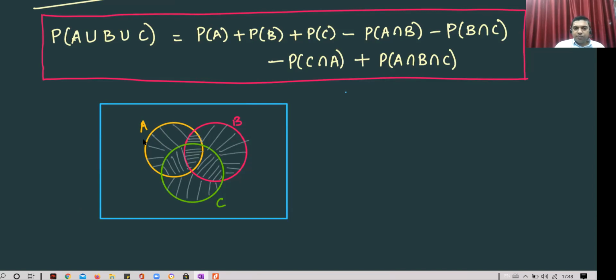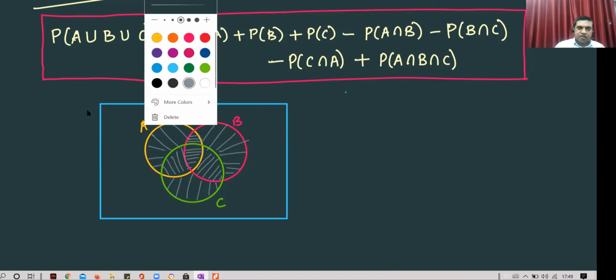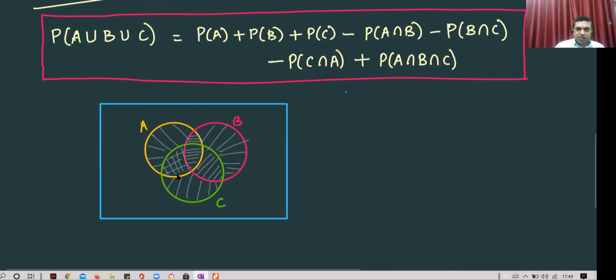What happens is, when you take N of A plus N of B plus N of C, in the process this particular checked region is counted twice, one time with A, other time with C. This region is counted twice, one time with C, other time with B. This region is counted twice, one time with A and one time with B. And this particular region is counted thrice.